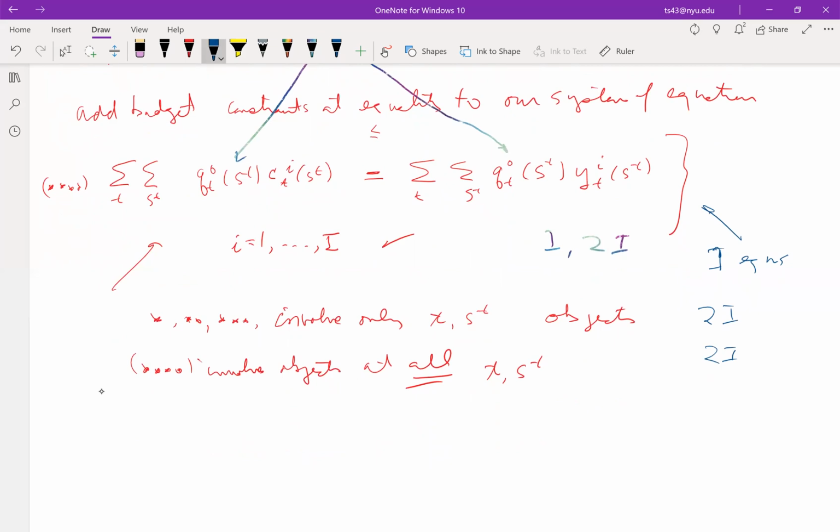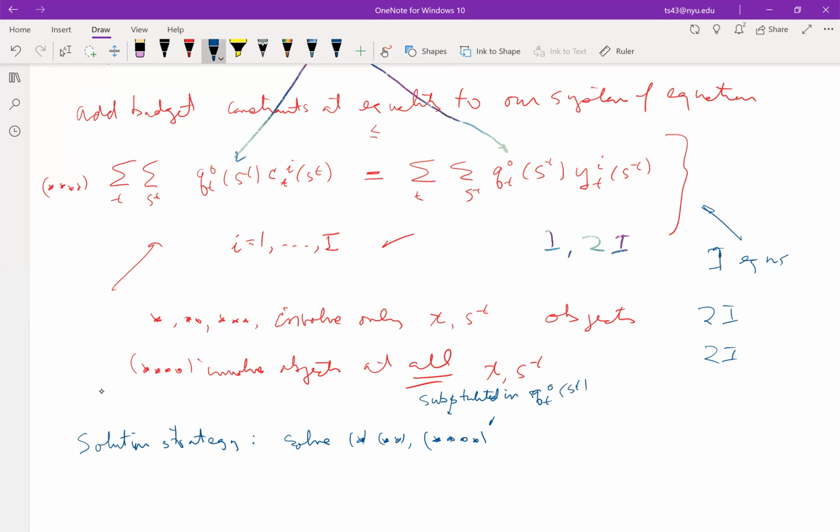And here's the solution strategy. Solve star, star, star, and star, star, star, star prime. That's the one I've substituted in. I've eliminated the q_t's.